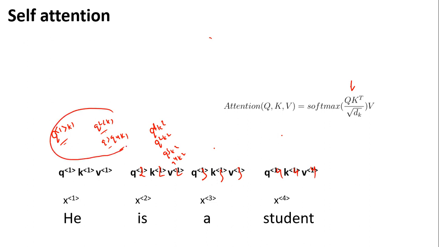We are adding all of this and doing softmax of all this. Why are we doing softmax? If you have a better understanding of machine learning and what softmax is, you will understand why we are using softmax. We are just adding all these terms to get one. That's why we are using softmax.